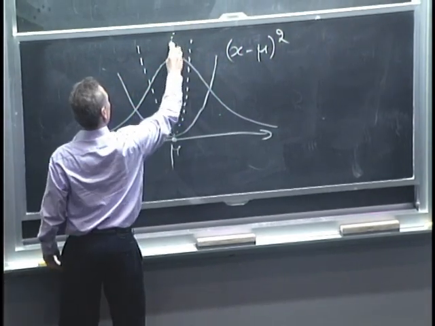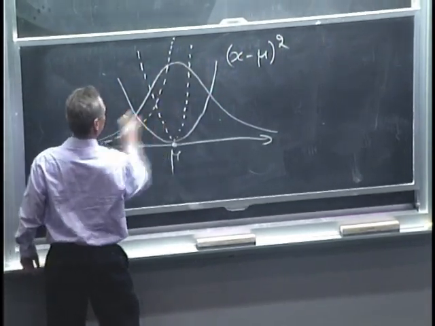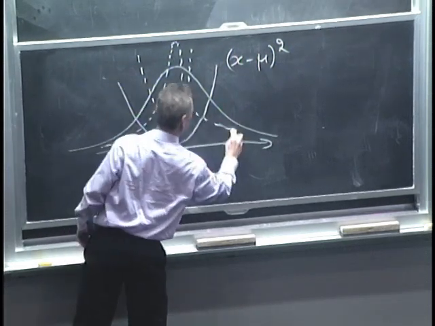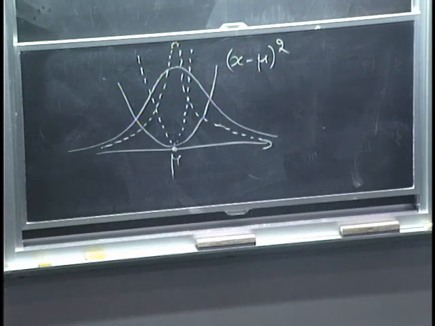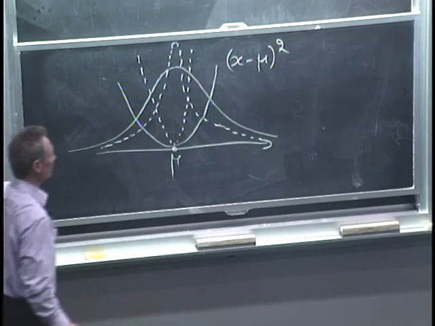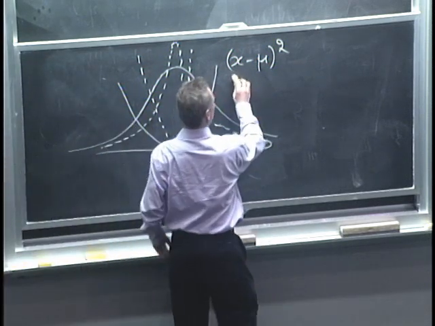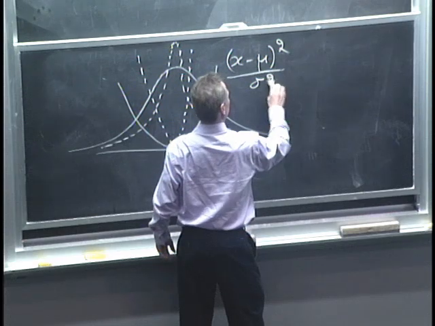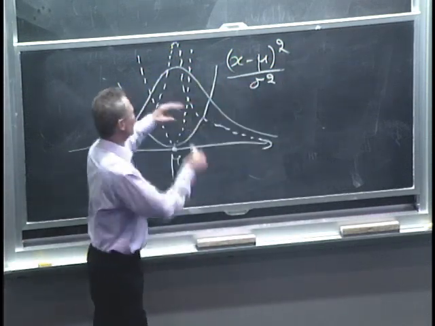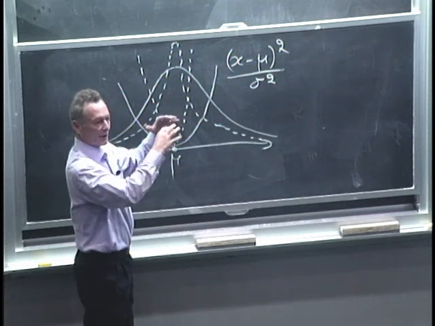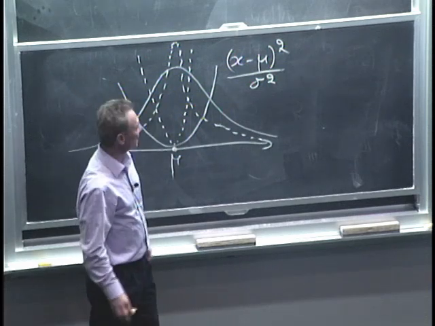It's going to fall off much faster. Okay, how do I make my parabola narrower or wider? I do it by putting a constant down here. So by putting a sigma here, this stretches or widens my parabola by a factor of sigma.